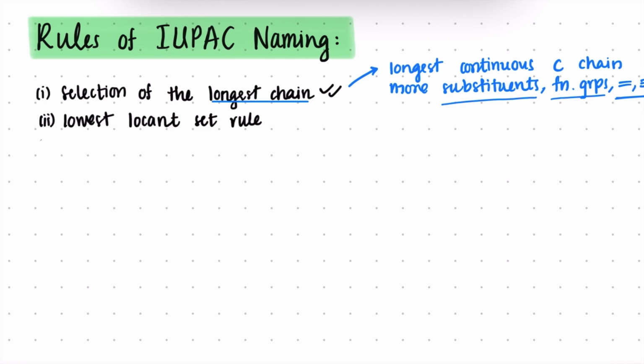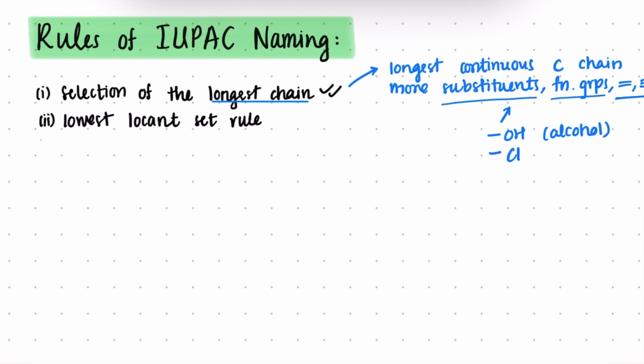Now, the order of importance here. Suppose there are two 5-carbon chains present in the compound, and in one of the chains you have a functional group like OH, which is alcohol, and in the other chain you have a substituent, which is chloro or chlorine.